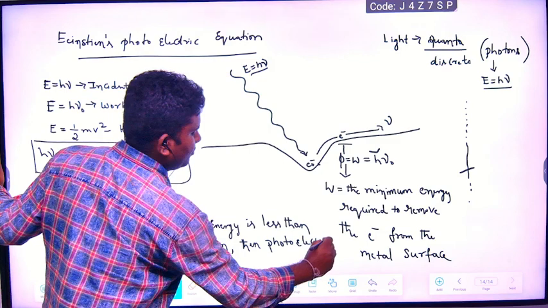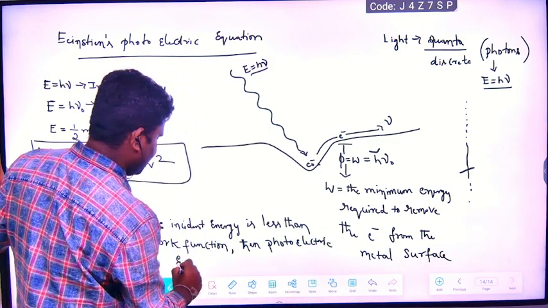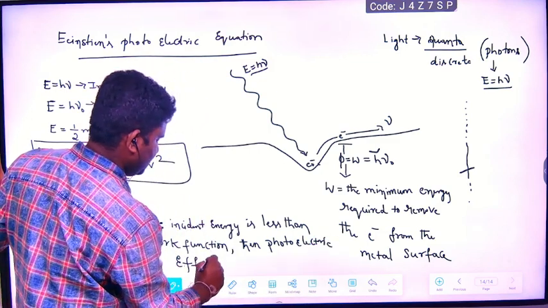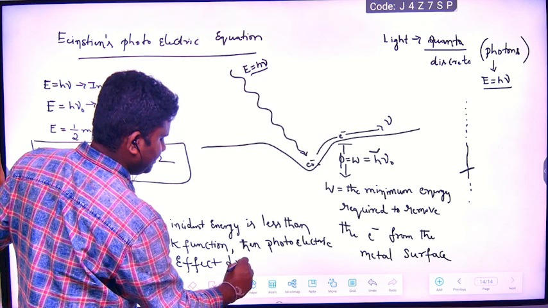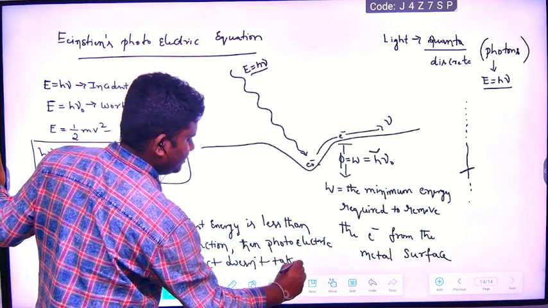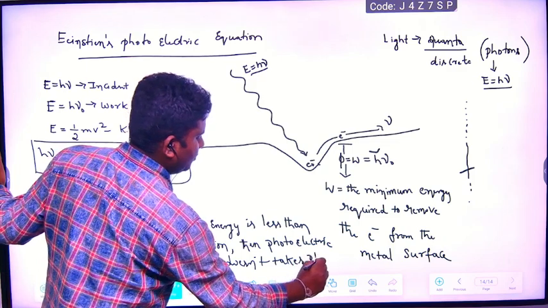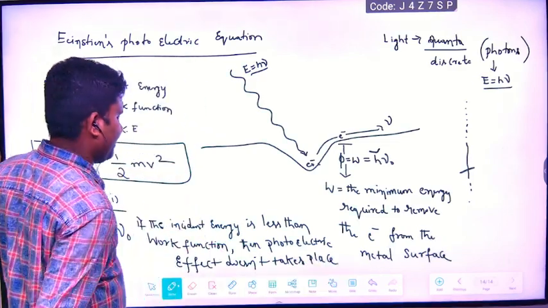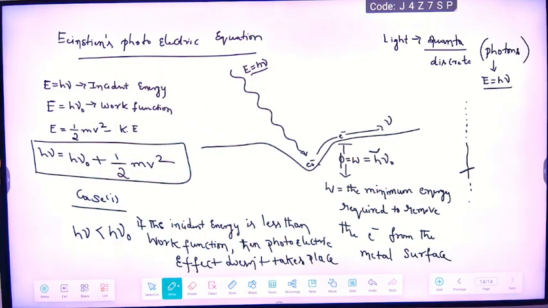Photoelectric effect does not take place. This is case 1.